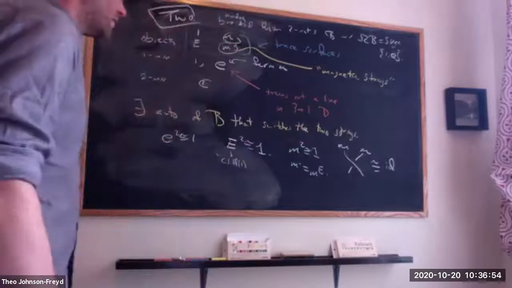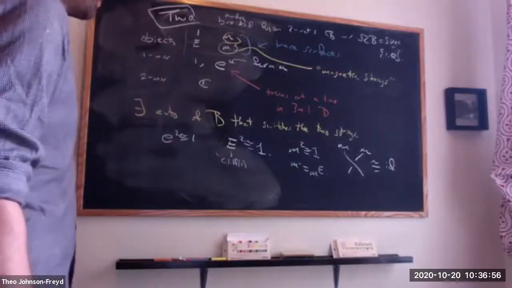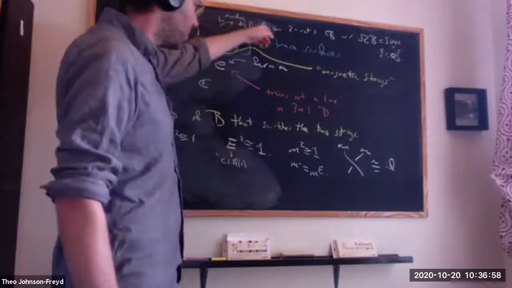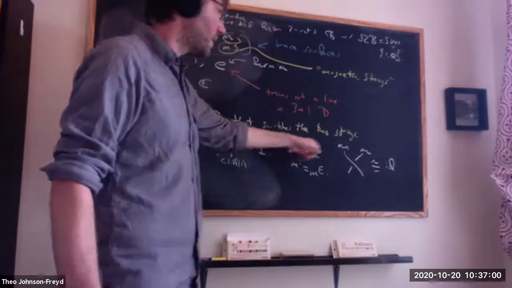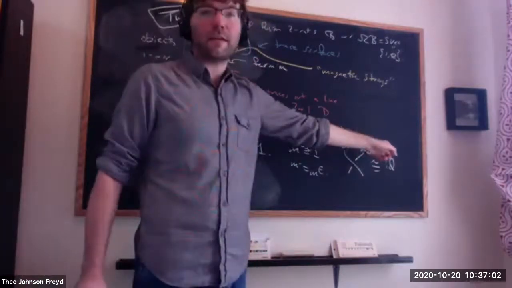Because I'm in a braided 2-category, I have an object which squares to itself, and its self-braiding doesn't generate anything else.